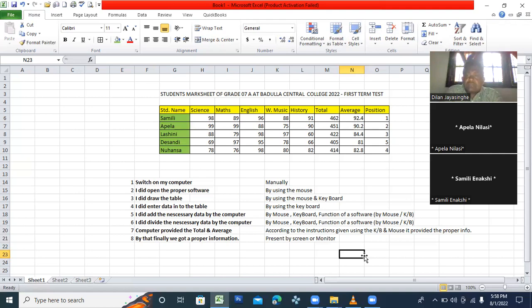Then after, according to the particular instructions, after performing some executing task, it generates the proper information and shows it to the user. Right? Understood?